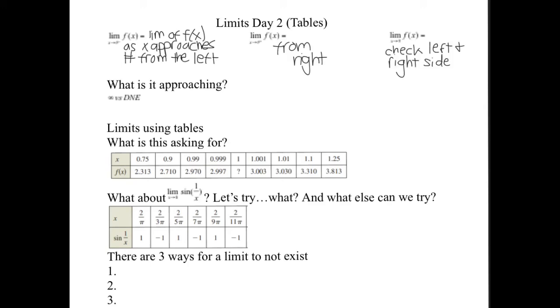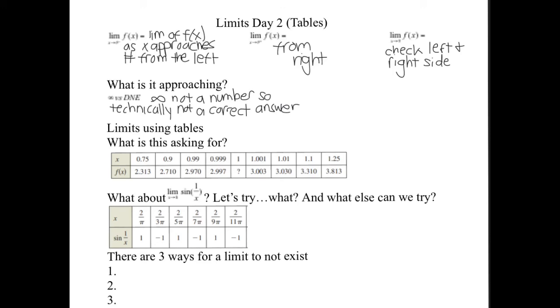So I mentioned it in the first video, but we do need to determine the difference between infinity and does not exist. Remember, infinity is under the umbrella term does not exist. Why? Well, technically, your answer to a limit question has to be a number, and infinity is not a number.